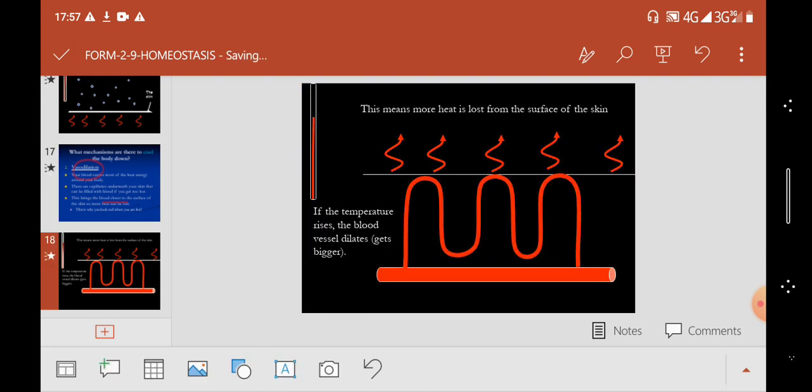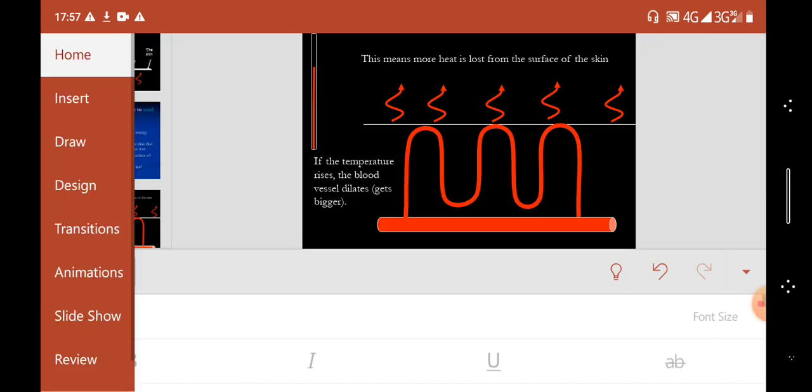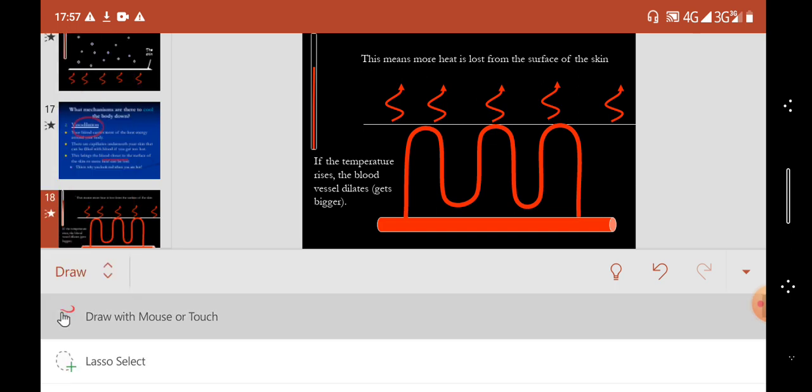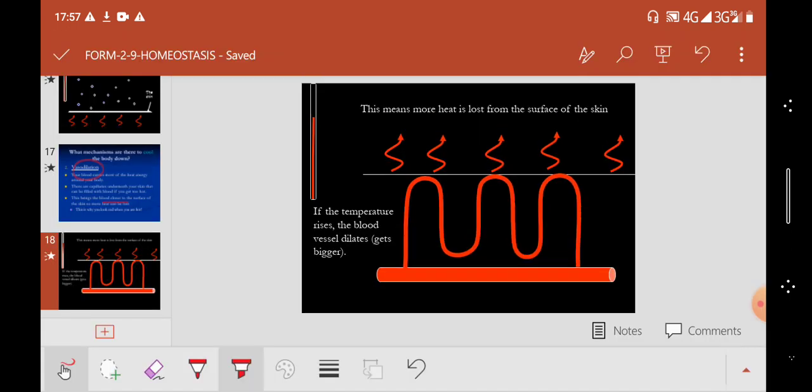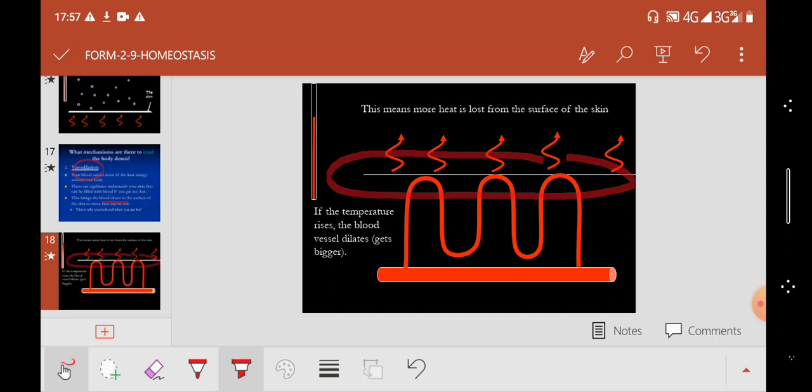And here is an example of how this happens in the case of vasodilation and vasoconstriction. Here we have, let's say, the surface of the skin, and we have our blood vessels going in that manner. When it is very cold, the blood vessels go deeper.